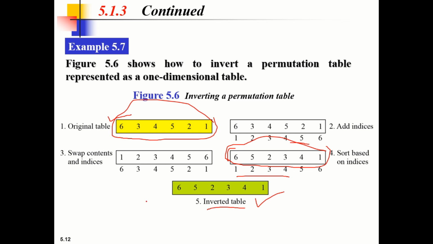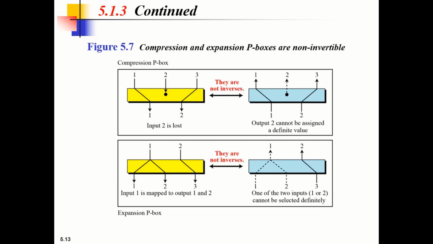This is how we invert the straight P box. And it shows that the compression and expansion P boxes are non-invertible because the number of inputs and outputs are not the same. So that is why there is this problem of not being able to invert the given P box, right?